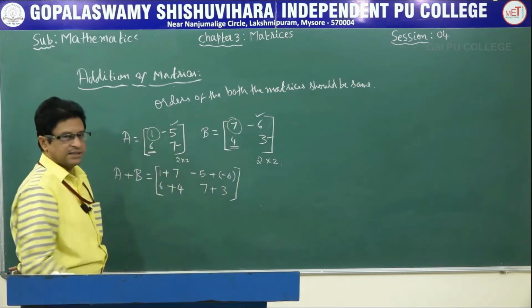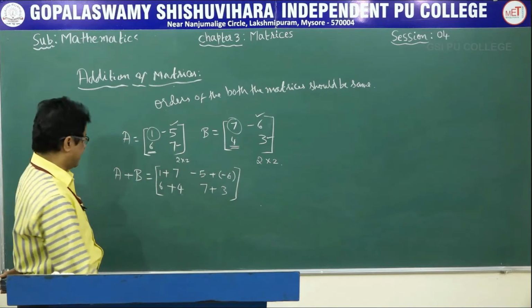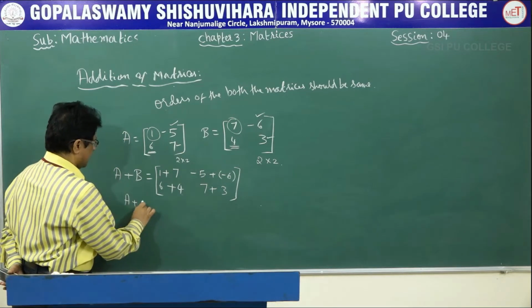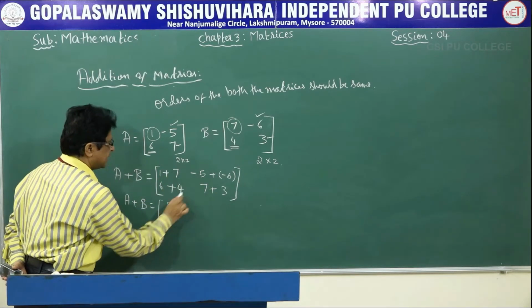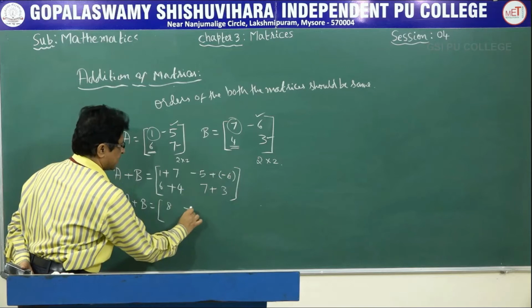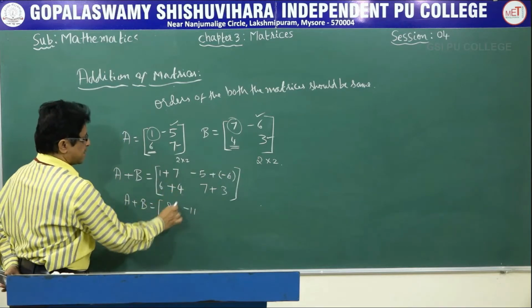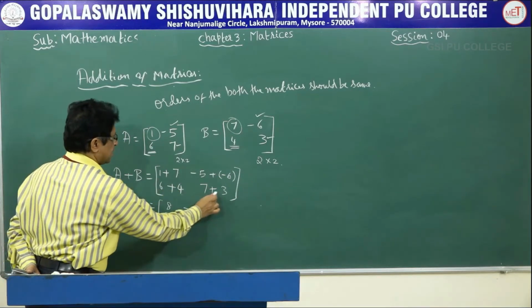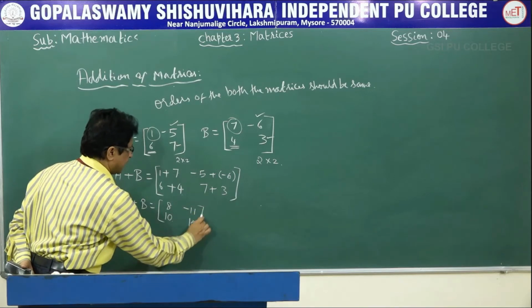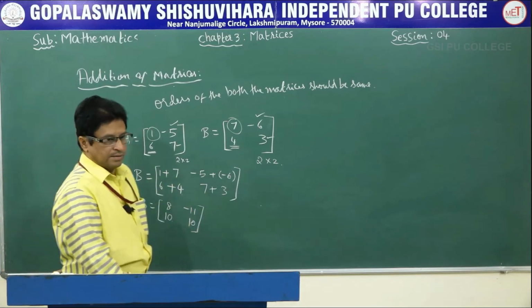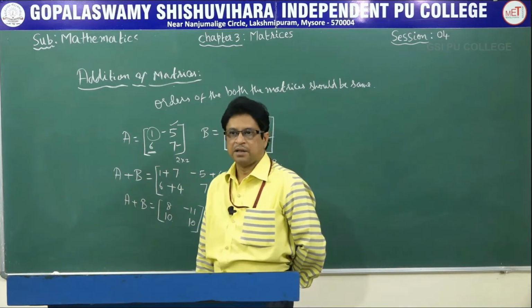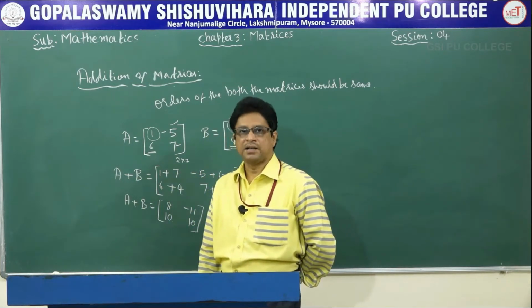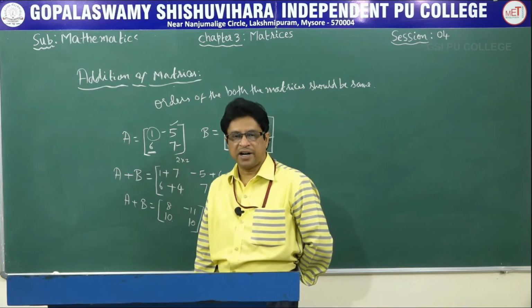So we have to add the corresponding elements. So A plus B will be equal to 1 plus 7 is 8, minus 5 minus 6 is minus 11, 6 plus 4 is 10, 7 plus 3 is 10. So that means the addition of two matrices is possible only if their orders are same and the corresponding elements should be added.